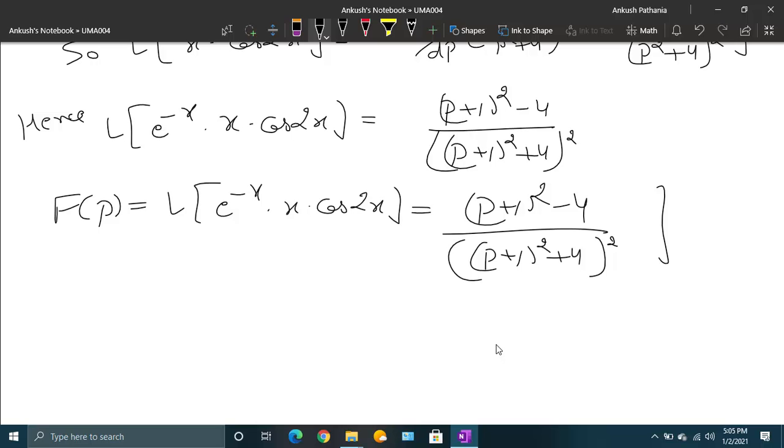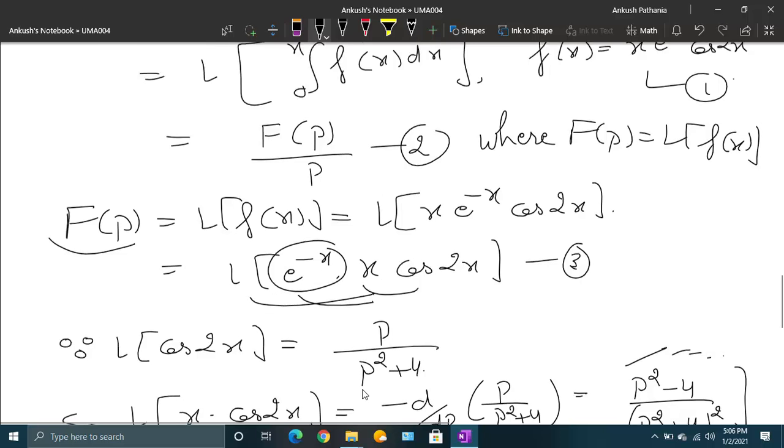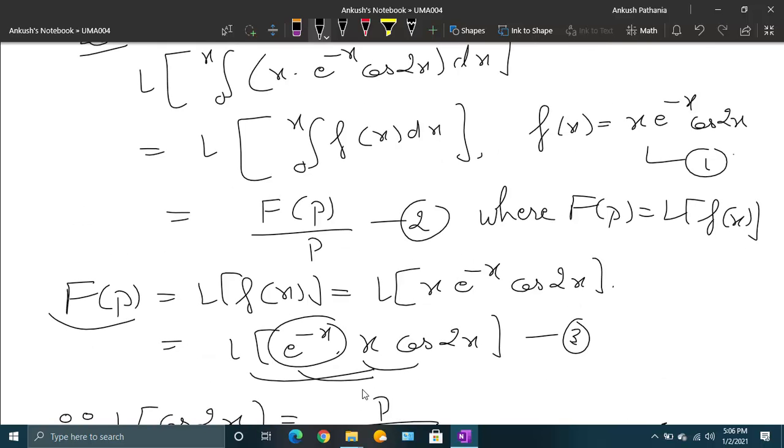Hence the question that was being asked, the Laplace of the integral 0 to x of e raised to power minus x cos 2x dx, is equal to F(p) upon p, where F(p) is the Laplace of this one, and here we have found it now. So the Laplace of this is F(p) divided by p.